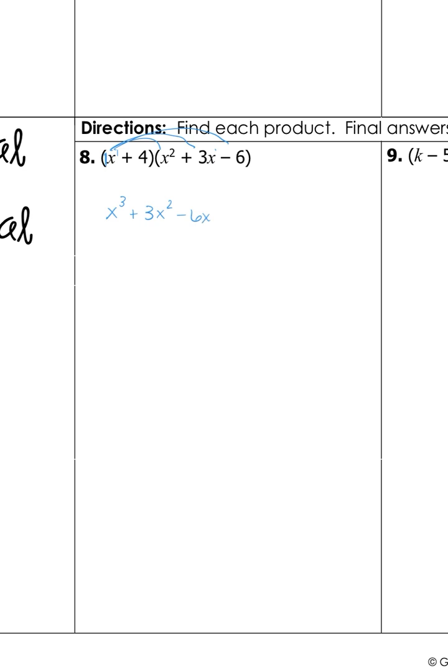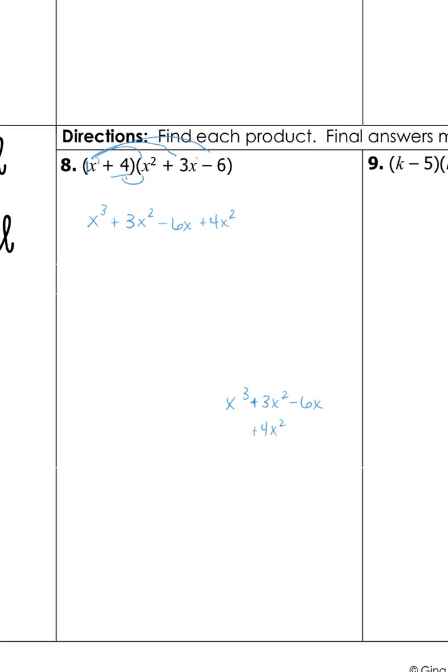I'm going to do this twice again to show you how I stack them, but I'm going to do that down here. Okay, now I'm going to take my 4 times x squared is going to give me 4x squared. So down here, I'm going to put it under 3x squared.